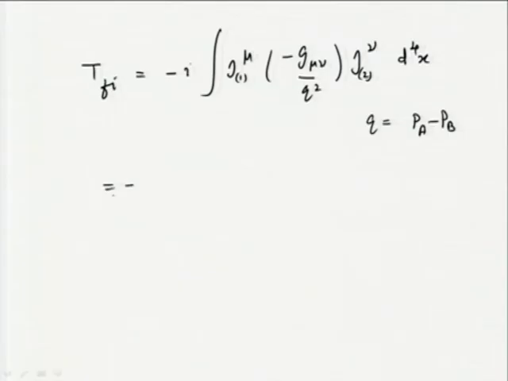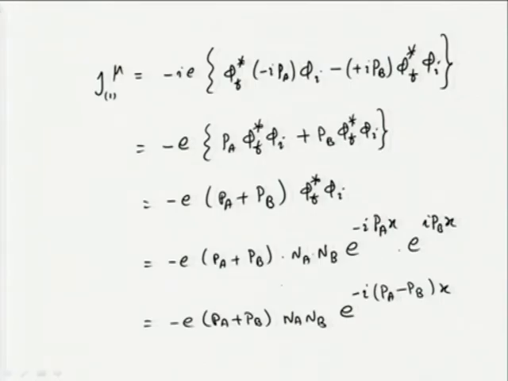And in terms of the wave function explicitly written, we have the integral of minus e N_a N_b (p_a plus p_b) mu e to the power minus i (p_a minus p_b) x. All right. So, in all these cases there is a mu which is missing. So, I should be okay.